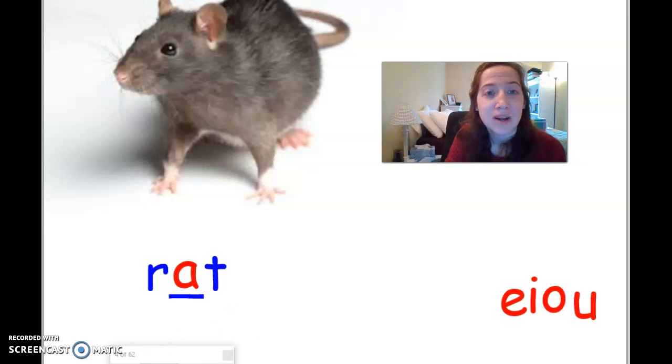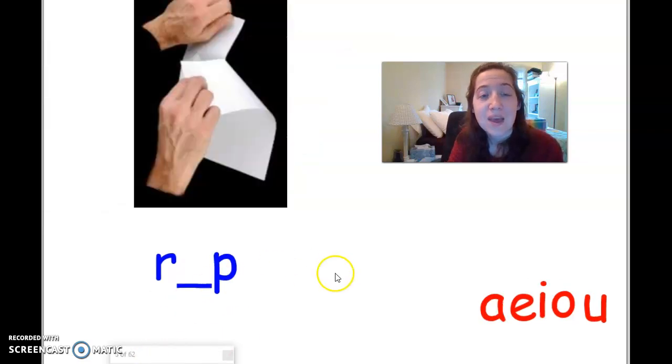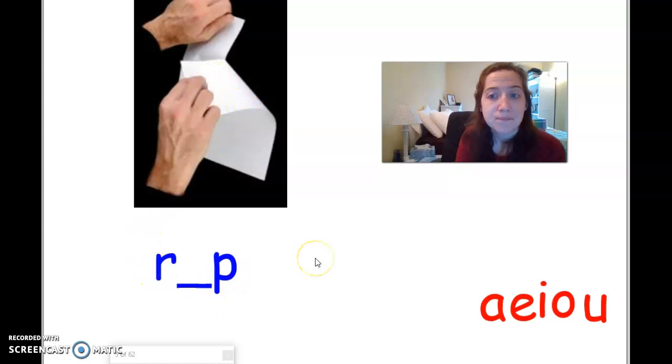Let's do one more. Looks like they're ripping the paper. Let's see. R, p. Let's tap out to find the middle sound in rip. R, i, p. Which sound was in the middle?